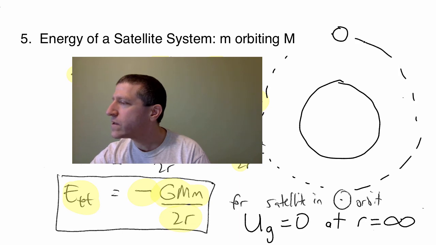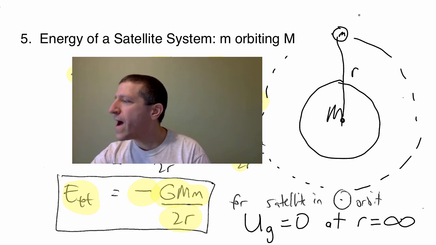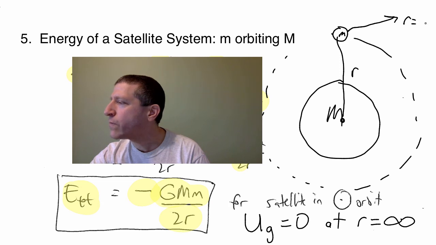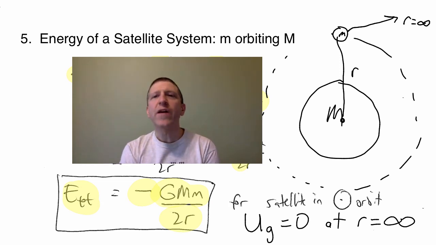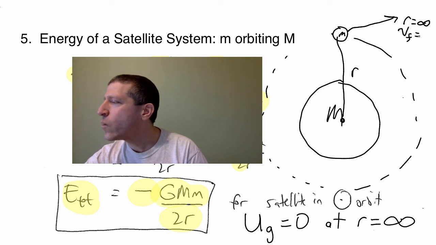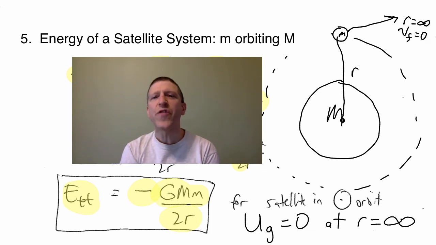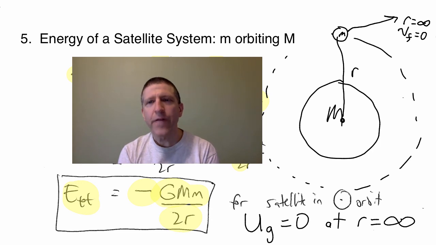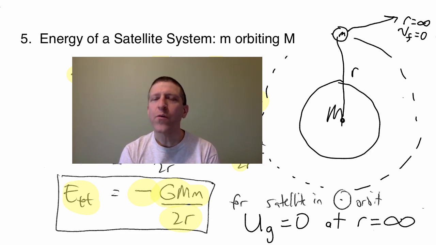So this is little m, and this is big M, and the distance between the two is R. If I could take this away and get it all the way to R equals infinity, how much energy would that have if it was at R equals infinity with v final equals 0? How much energy would that have there? If I could get it infinitely far away with no speed, it would have 0 energy.